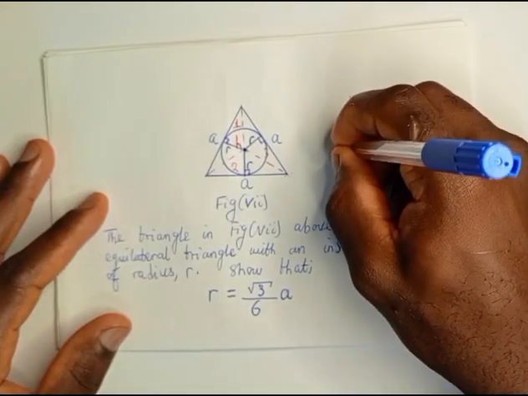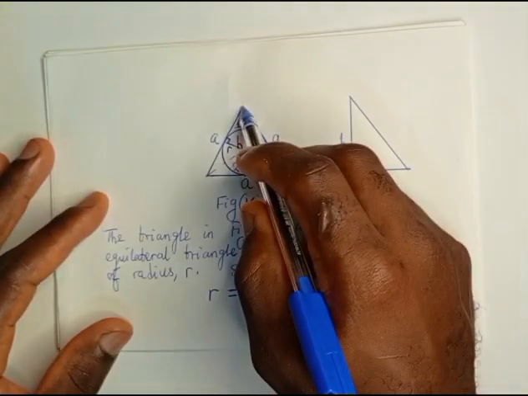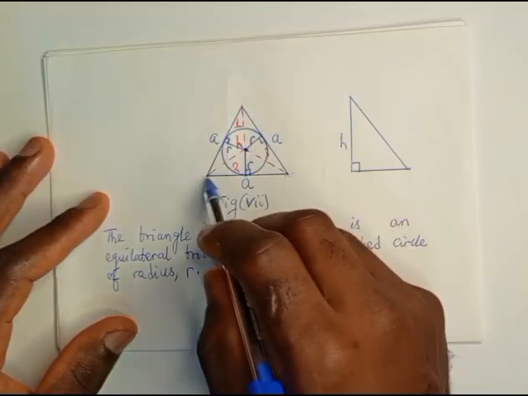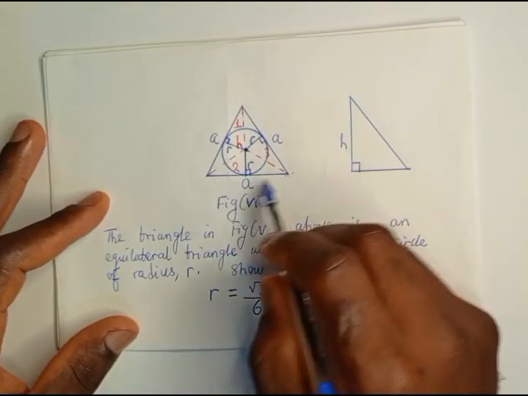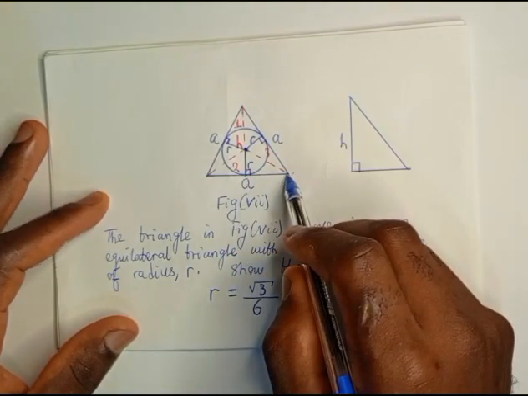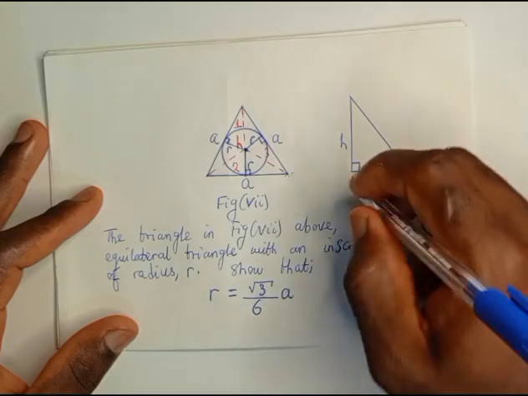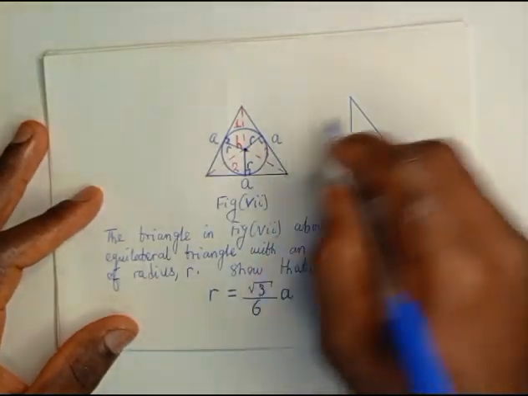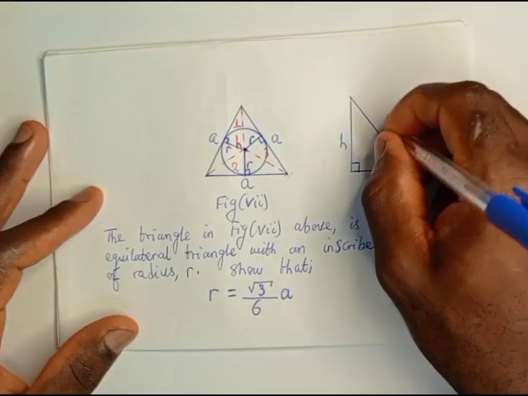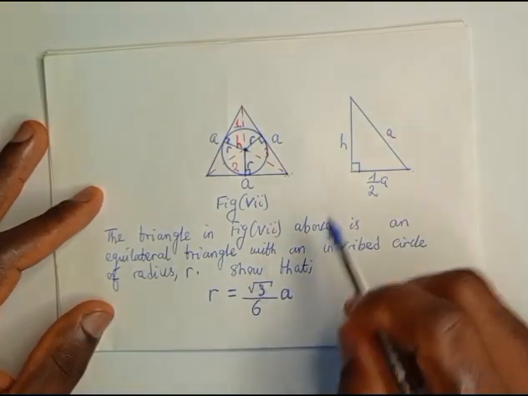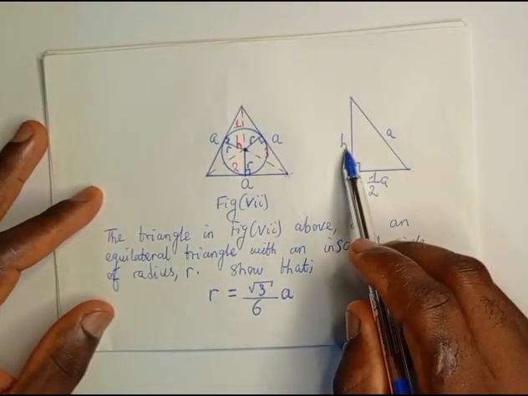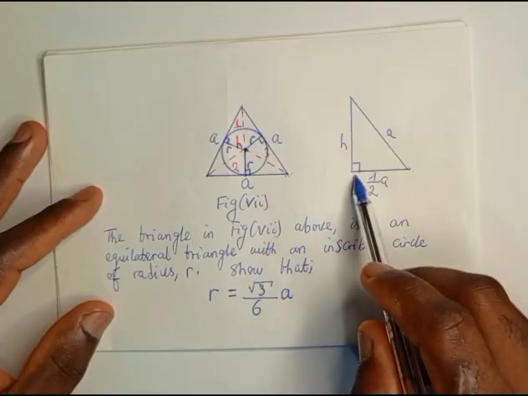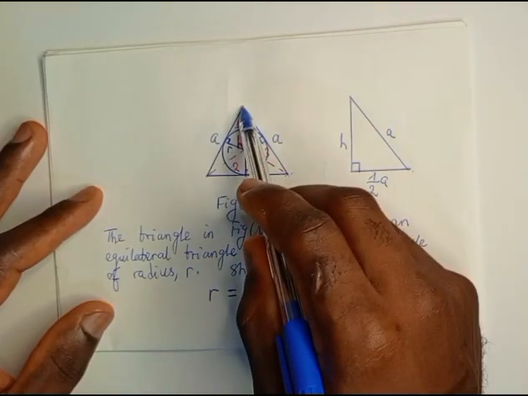Then this is H. This line divides this line into 2 equal halves. So that means this distance from here to here will simply be a half A. This is A.